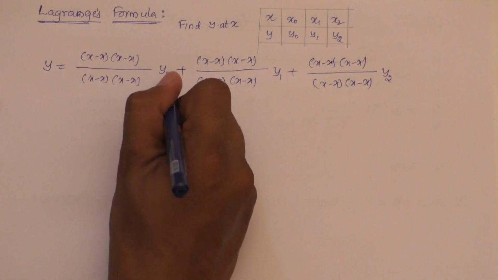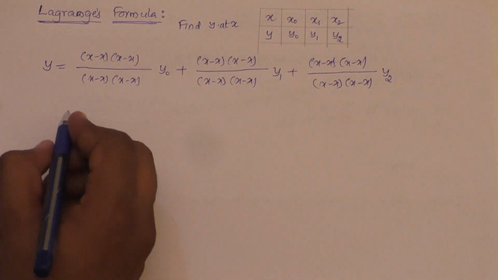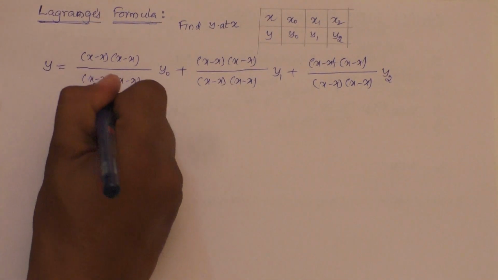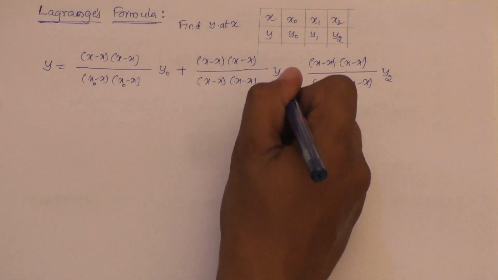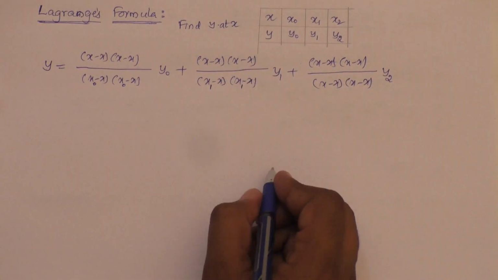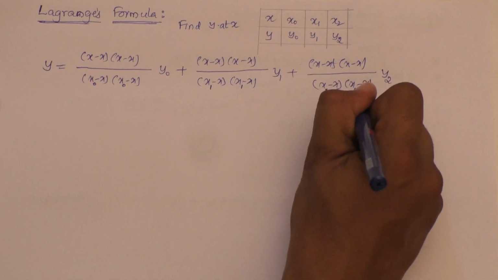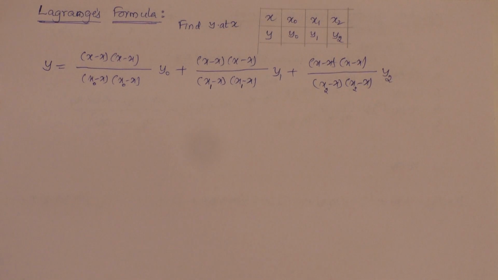Now y naught we write directly, here y1, so write subscript 1, here y2, so write subscript 2. Now how to complete the formula?